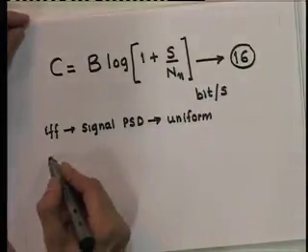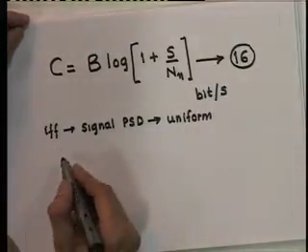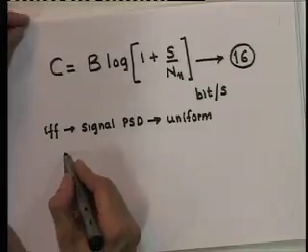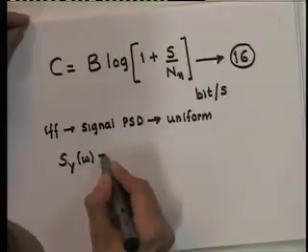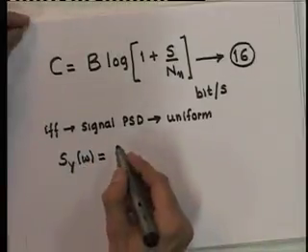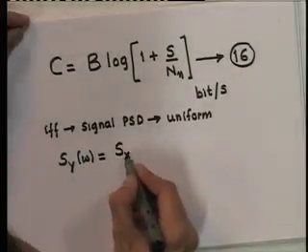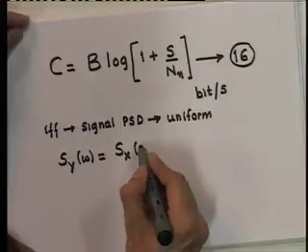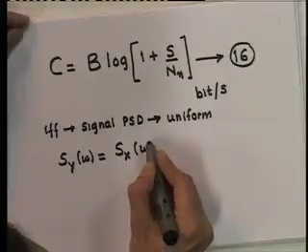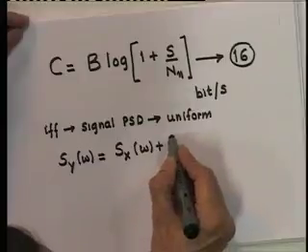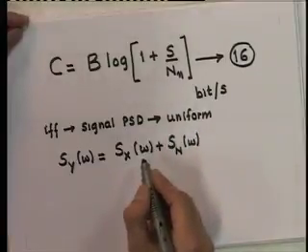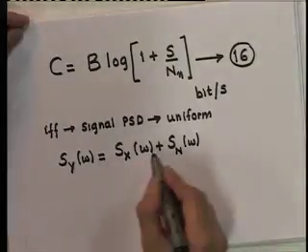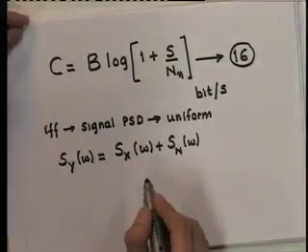Now, the power spectral density of y is given by S y is equal to power spectral density of input plus power spectral density of noise, assuming signal and noise are independent.